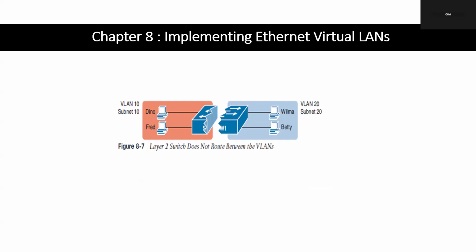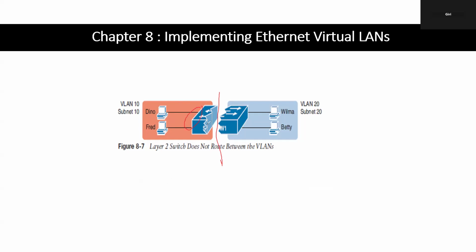So for our example here, this is just layer 2. It's not going to tag packets because it can't route traffic. There's no need for it to do that. It's going to say these ports are in the same broadcast domain.